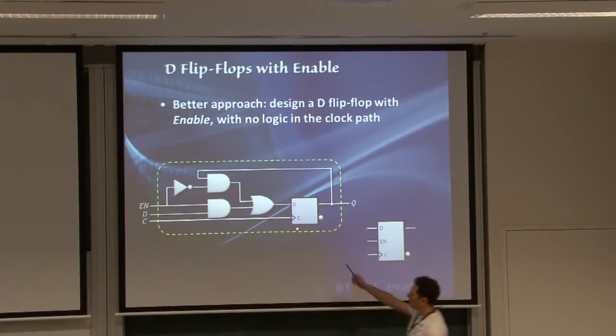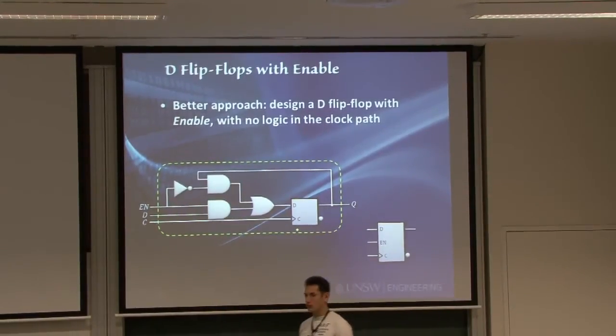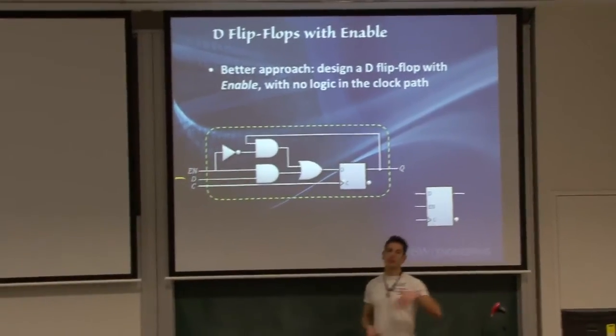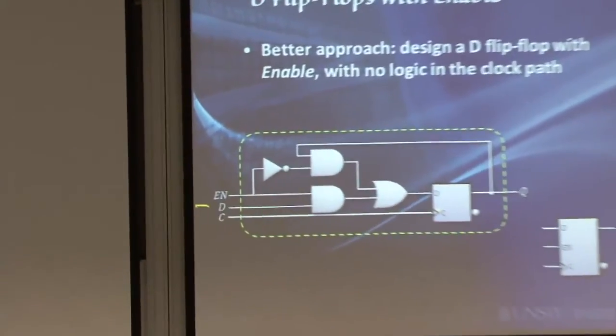The flip-flop clock signal is connected to the regular clock, and now we introduce this structure here that is essentially a multiplexer. And we choose between whether we want to let a new value D propagate into the flip-flop, or if not, we want to take the old value and push this as if it was the new value.